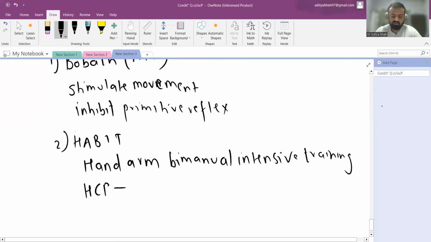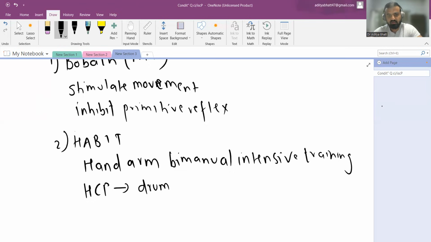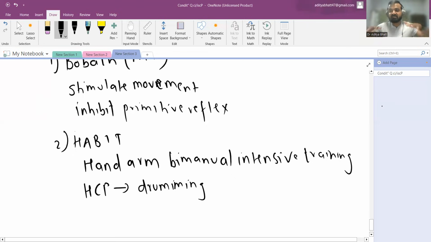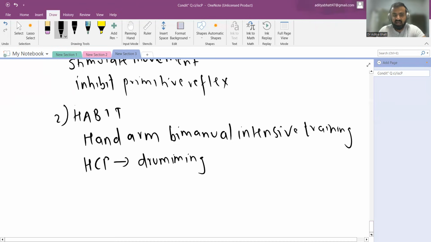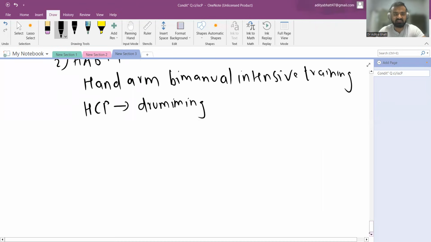What we do is stimulate the child to use both hands. So we tell the child to do drumming, or we tell the child to push the belan, the rolling pin that we use. So this movement is advised to the patients in HABIT, hand arm bimanual intensive training.